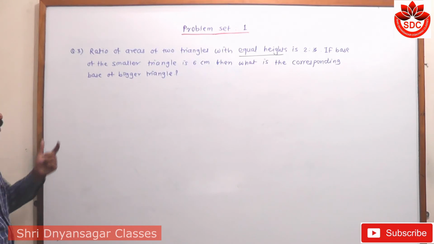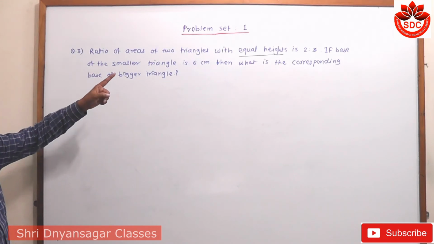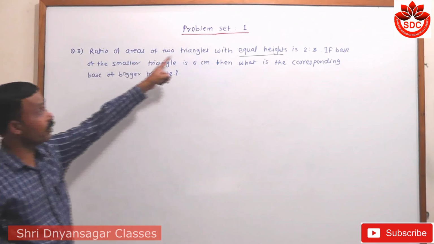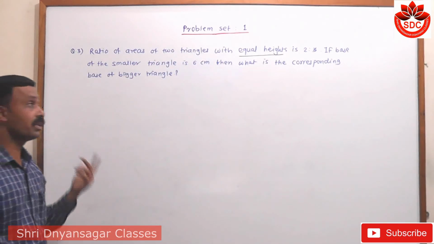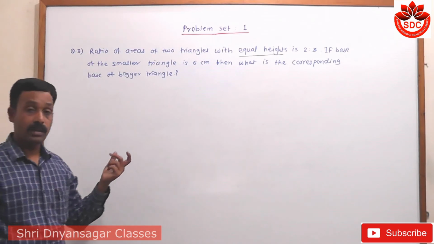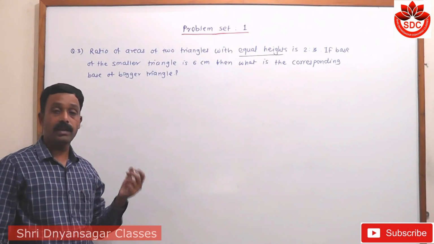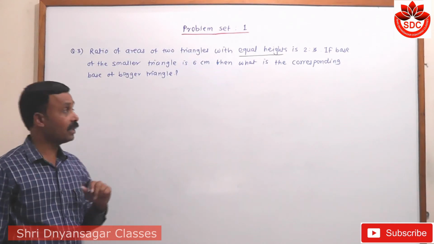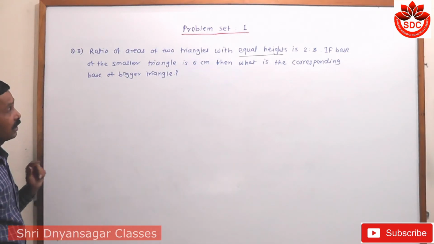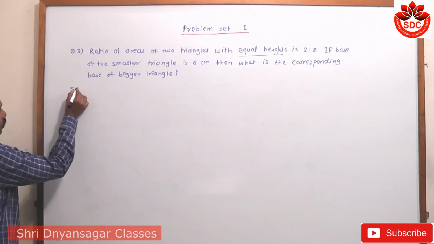The ratio of areas of the two triangles is given as 2:3. If the triangles have equal height, then the ratio is equal to their corresponding bases. By using this property we can solve this example.